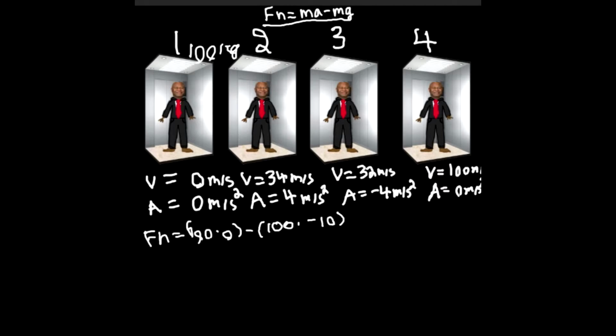We would use 10 instead of 9.81 to make the numbers easier to work with. So the normal force in this case would simply be minus negative 1000 newtons, and that would be positive because a negative and a negative makes a positive, so that's 1000 newtons.